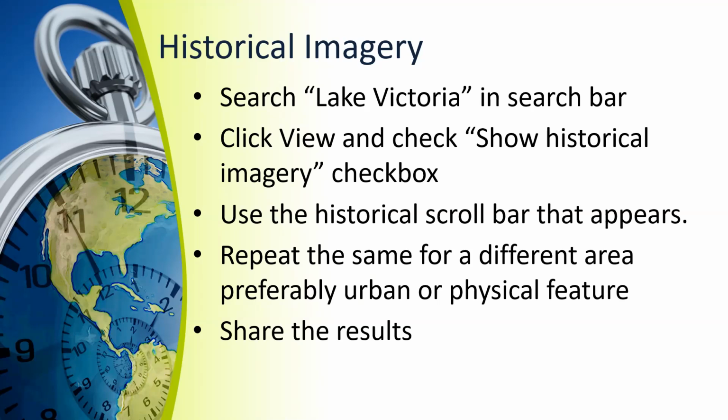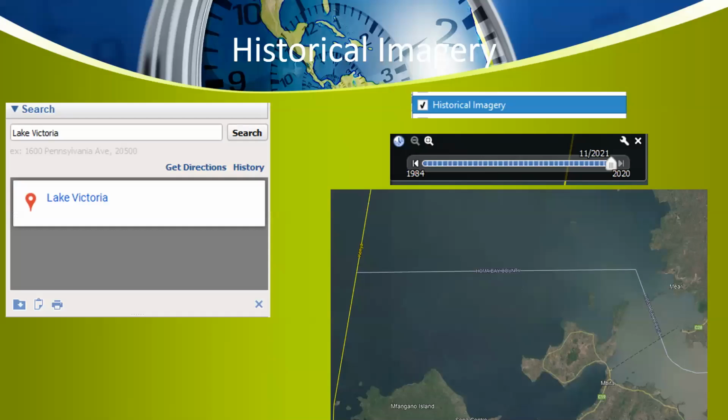So let us see how we can work with the historical imagery. We will first search; remember the search is located in the sidebar. We will click on it, and when it drops down, there's a search area. In this case, we are searching for Lake Victoria.